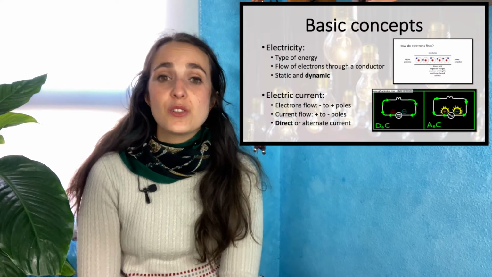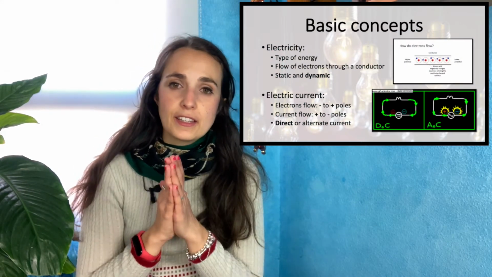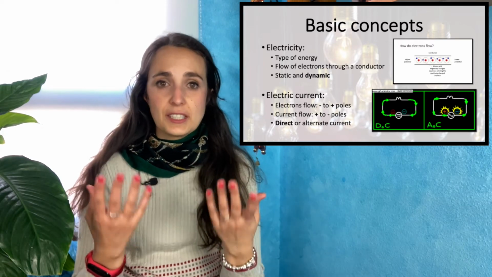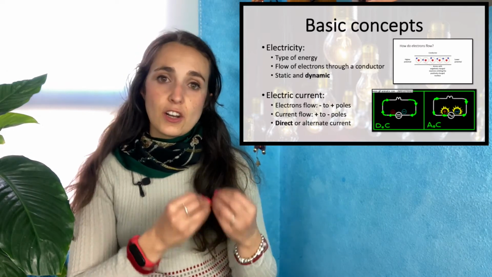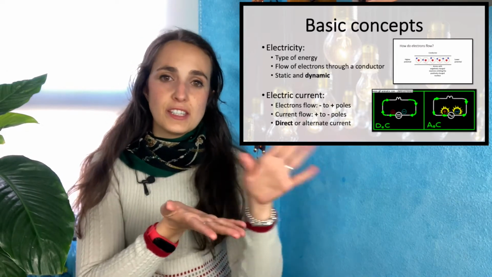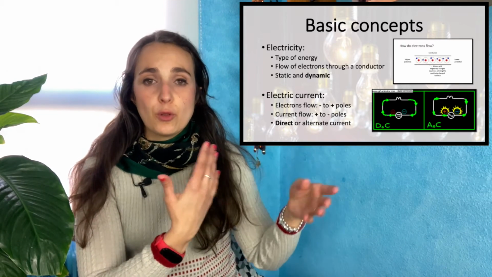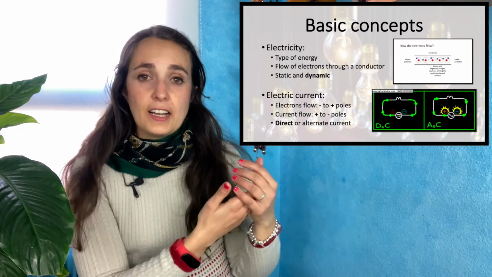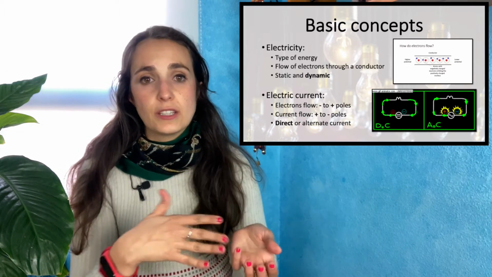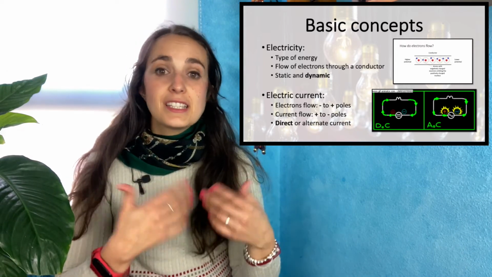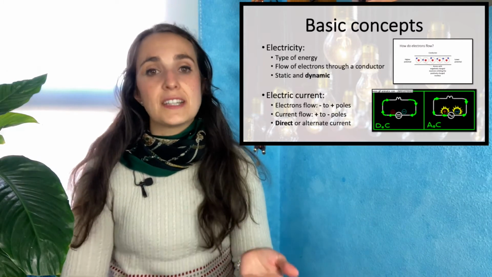I want to tell you a story which is very funny about electricity. When electricity was discovered, we didn't know that the atom existed and the structure of atoms, and that in reality it's the electron, the charged particle, that transfers electricity, okay? That is the flow of electrons from atom to atom, the one that produces in the end electricity. And when they discovered electricity and they didn't know about the atoms and the electrons, they just decided that the sense of electricity was from positive to negative pole in a cell or in a battery.